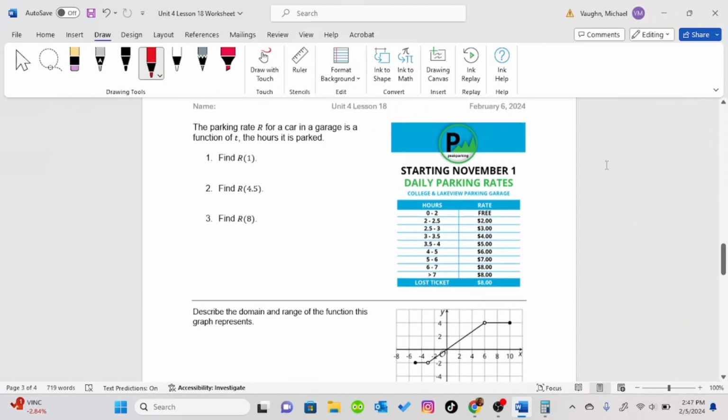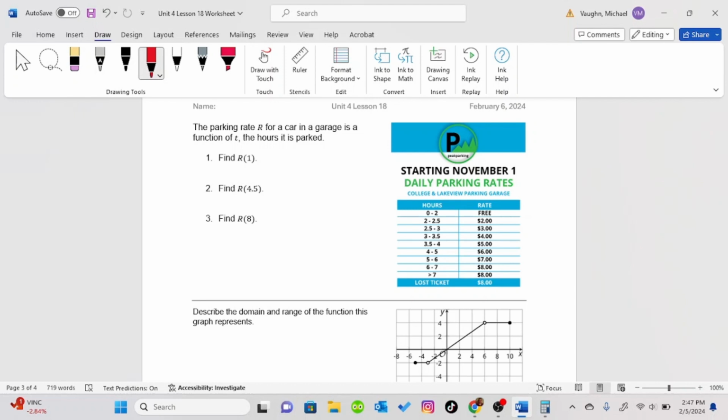Page 3. The parking rate R for a car in a garage is a function of T, the hours it is parked. Number 1, find R of 1. In this case, 1 is 1 hour.